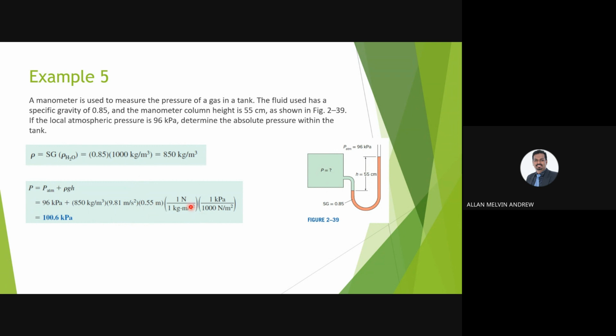And these are the unit conversions. Normally you will have one or two or more, depending on the units available. After you solve all this, the pressure at this point is 100.6 kilopascal. Okay, so that is example number 5.